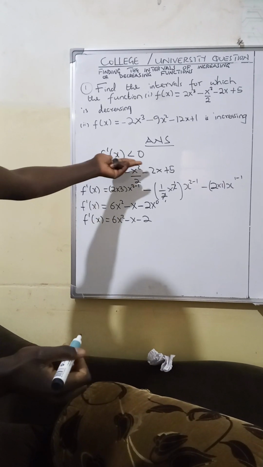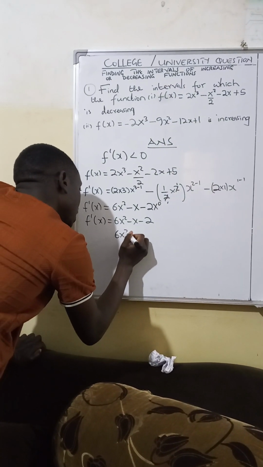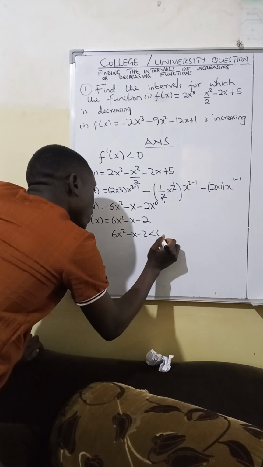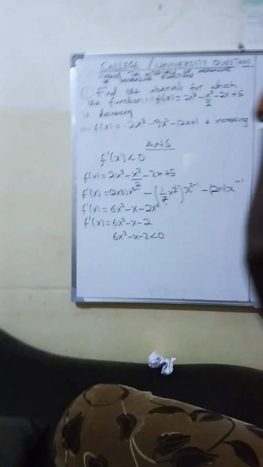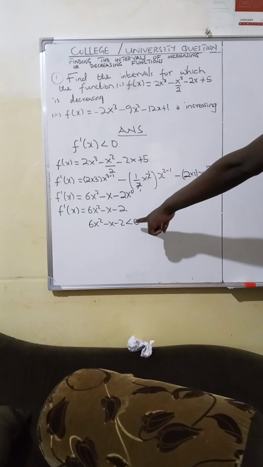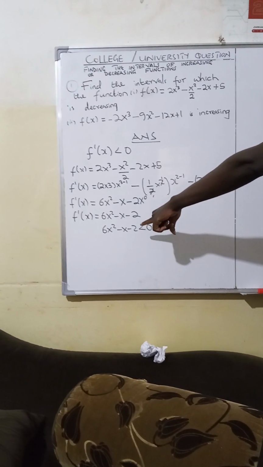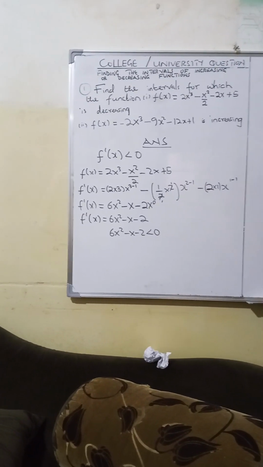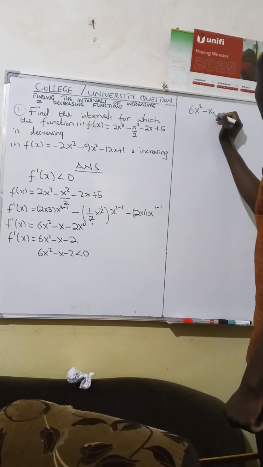So if the function is decreasing, it means that this first derivative, 6x squared minus x minus 2, is less than 0. Okay, are we together? Yes. Then I'm going to find the critical values of x. Before I say less than 0, I'm going to find the actual critical values of x. So I've got my function 6x squared minus x minus 2.